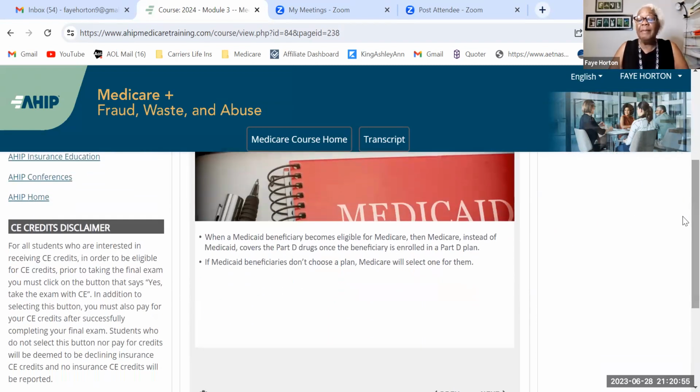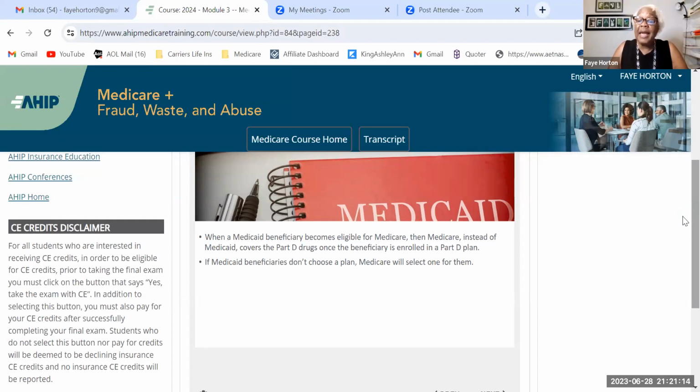When a Medicaid beneficiary becomes eligible for Medicare, then Medicare instead of Medicaid covers the Part D drugs once the beneficiary is enrolled in a Part D plan.